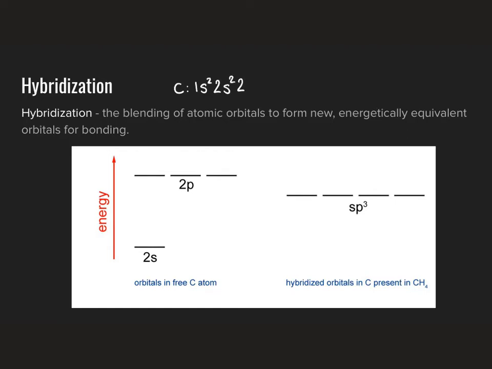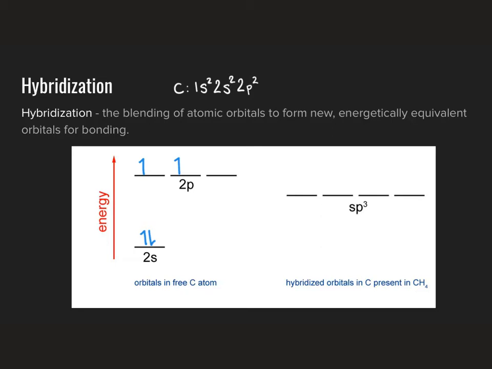Following our Aufbau principle, we're going to fill the 2s orbitals before the 2p orbitals, and according to Hund's rule, we fill those 2p orbitals spin up into 2 of the sublevels rather than filling them spin up, spin down within the same sublevel. So this is our electron configuration energy level diagram for a free carbon atom. And as we mentioned again, this isn't going to work for forming the actual molecule of methane.